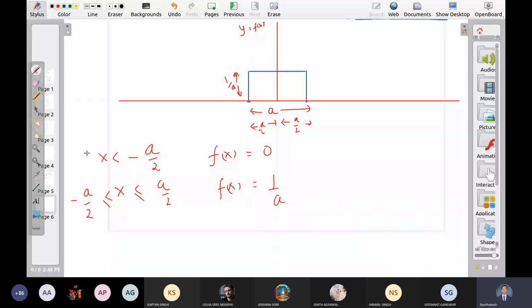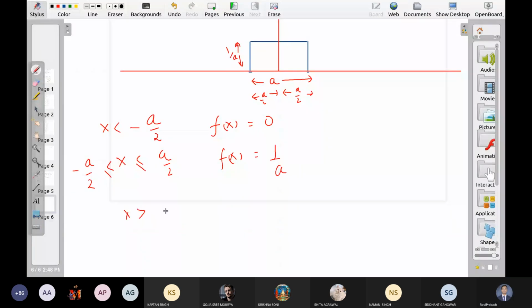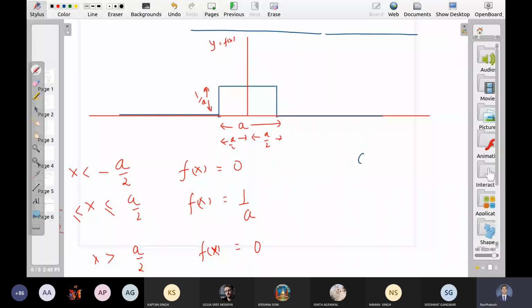And when x is greater than a by 2, this function is again 0. So in this range it is 0, here also it is 0, and in the middle part it is 1 upon a. So when a is equal to, let us say, 2, how much is the area under the curve?